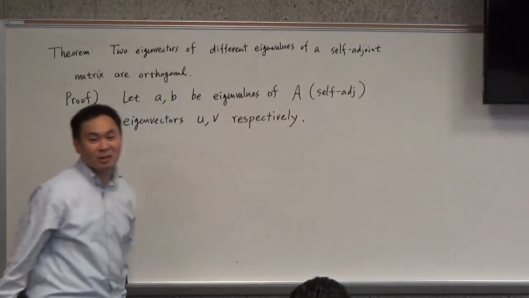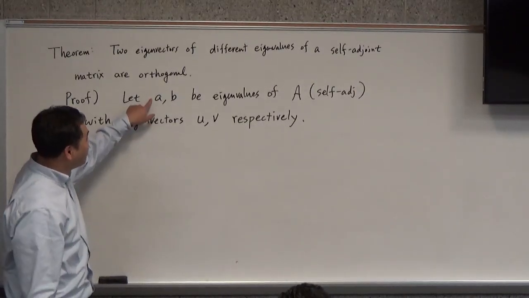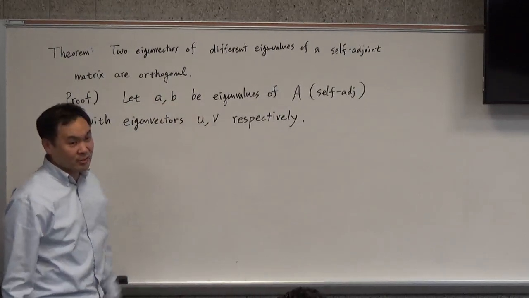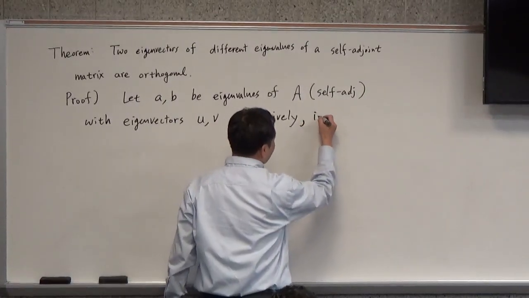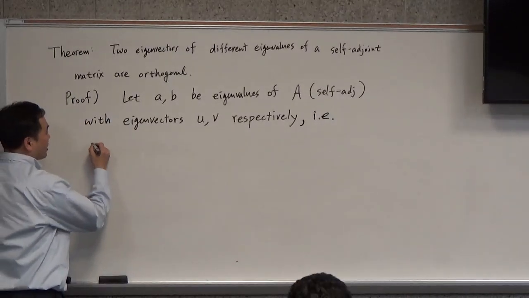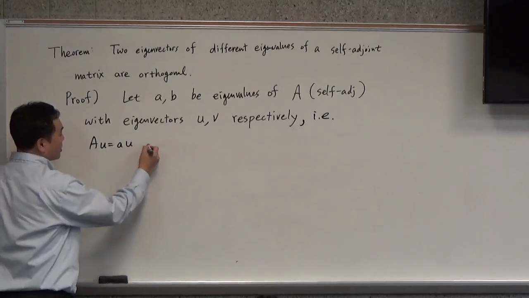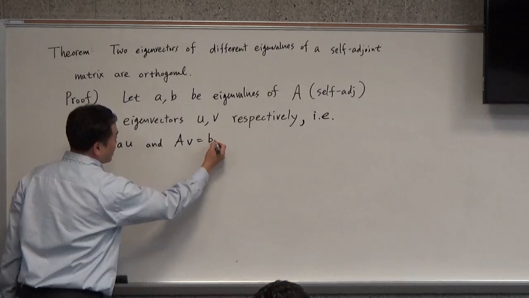So I can write less by doing this. I'm saying that a is the eigenvalue for u, and b is the eigenvalue for v. In other words, A times u is a u, and A times v is equal to b v.